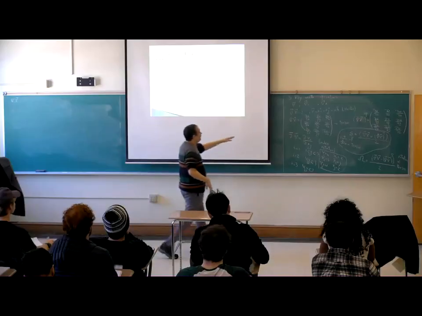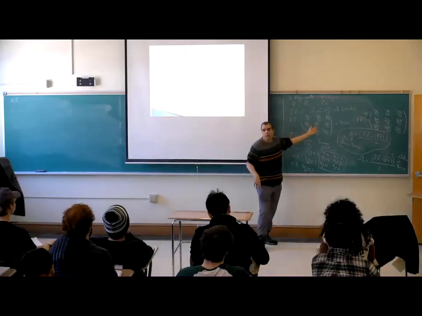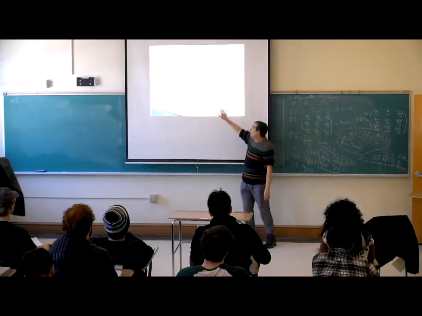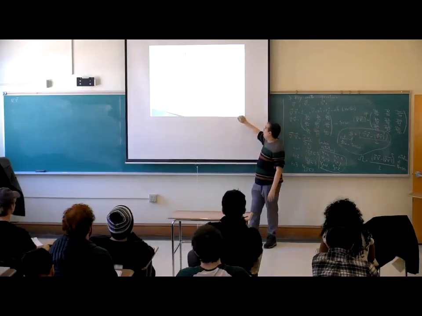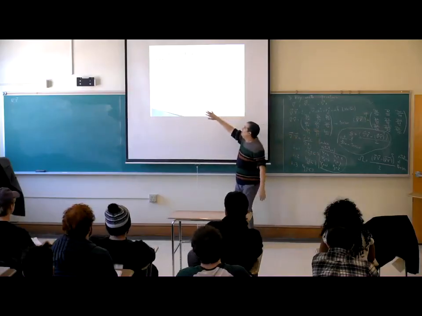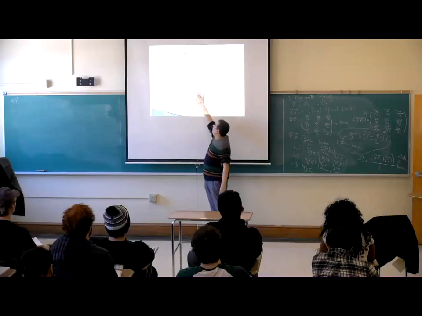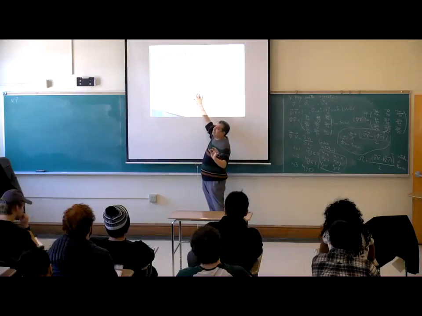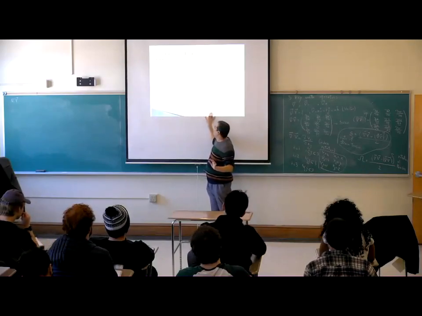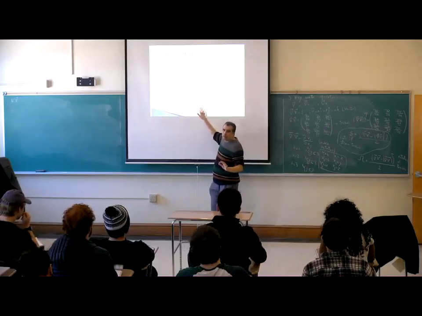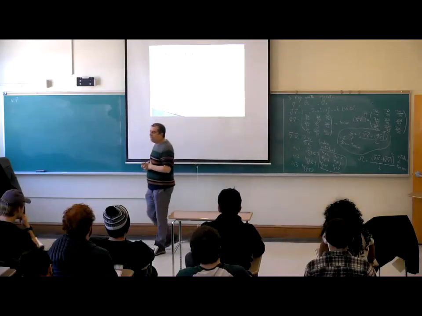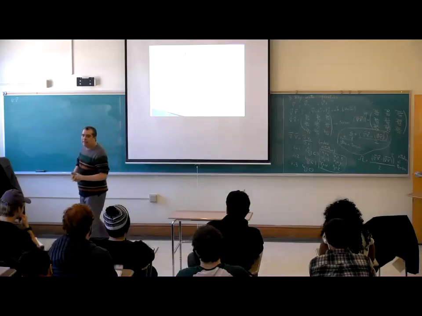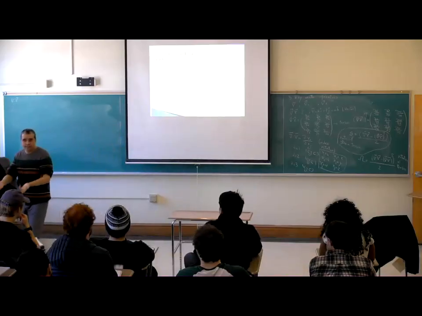On the board, I just write for you in the Cartesian coordinate. Here on the PowerPoint, you see a gradient of P in the cylindrical and spherical coordinate as well. You may have some problems in cylindrical or spherical coordinate, okay?